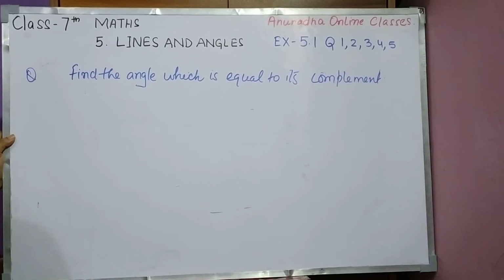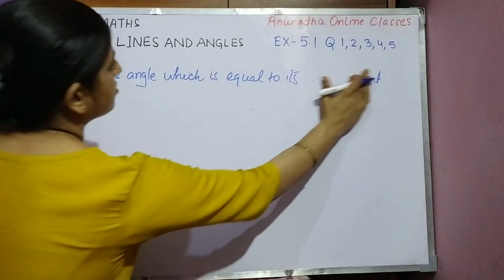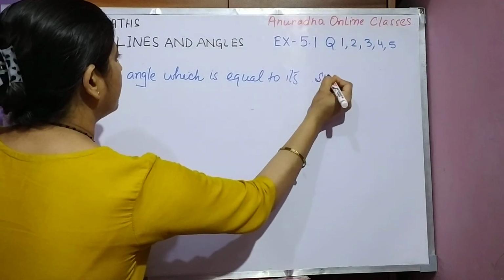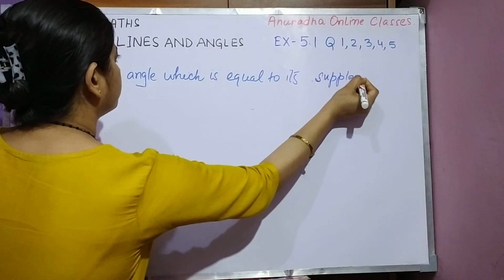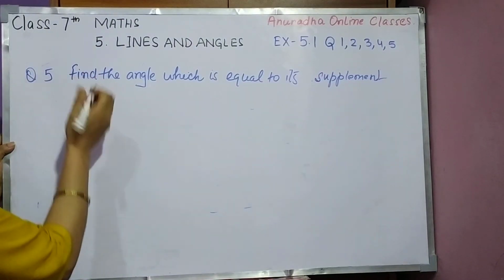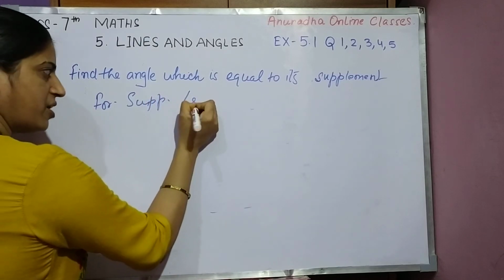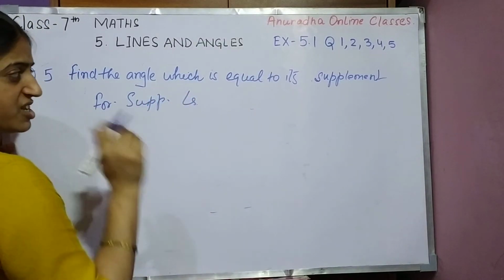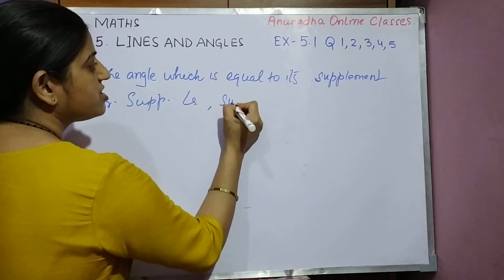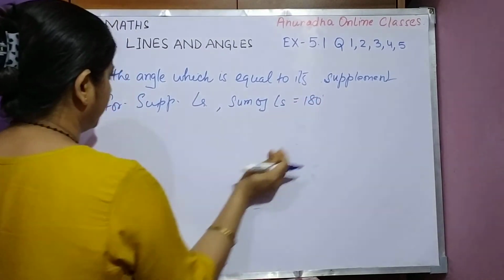Clear? In the same way, if I change the question a little bit, it becomes the fifth one. The fifth question is, which angle is equal to its supplement? For supplementary angles, what is the condition? The sum of angles is equal to 180 degree, right?